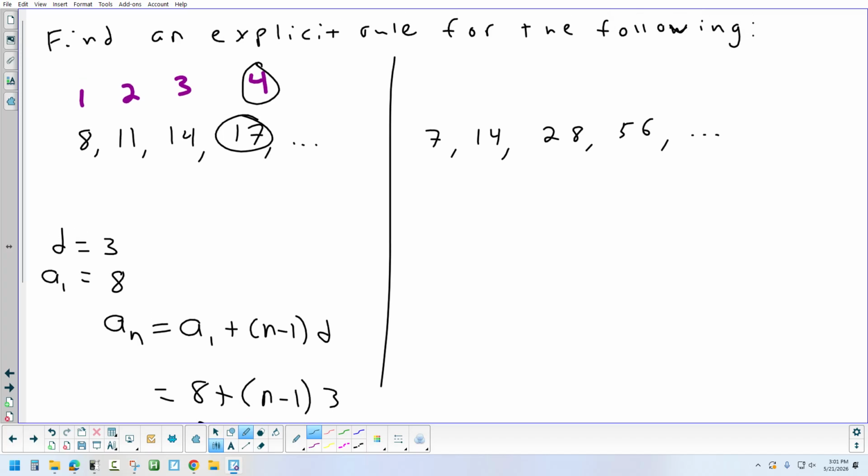Let's look at the next one. It's a little bit different. It's not arithmetic. Does anyone see the pattern for that one? Yep. Multiply by 2. Yep, multiplying by 2 each time. What do we call the 2? It's not the common difference.